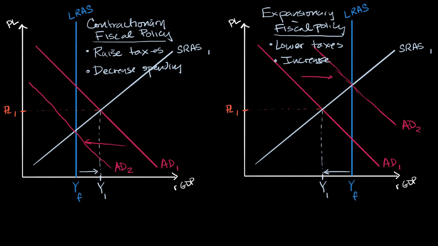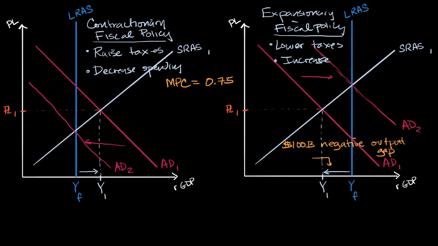Let's say we have an economy where our marginal propensity to consume is 0.75. And let's say that we have a negative output gap right over here of $100 billion, a recessionary negative output gap.